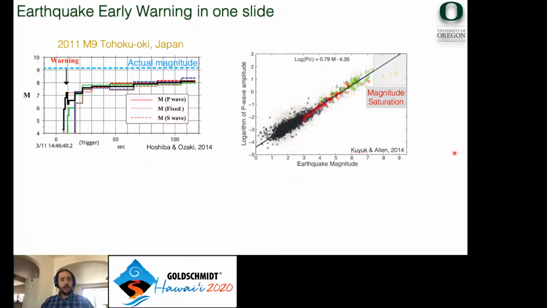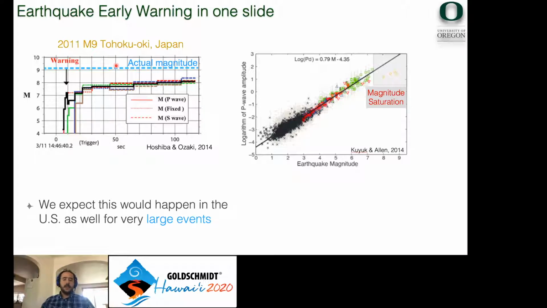And indeed, we saw that during the 2011 magnitude 9 earthquake in Tohoku-oki in Japan. Here are the different magnitude estimates from the real-time earthquake early warning system in Japan, which saturated, never exceeding about magnitude 8 or 8.1, when the real magnitude of the earthquake was just over magnitude 9. Now, this isn't unique to the Japanese system.